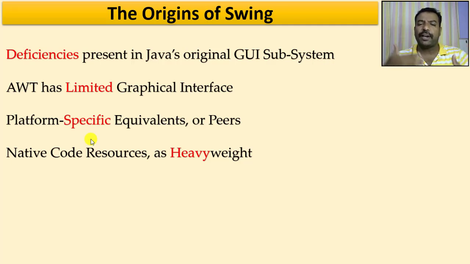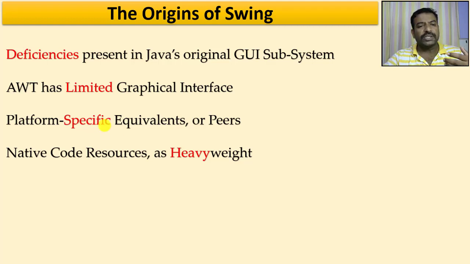Because when I say graphical user interface, I need a graphical window, and I don't have the authority to create or manage the window solely. Hence I need to depend upon the operating system which gives me the window management system. Hence the AWT was tightly bound to the platform we are using.